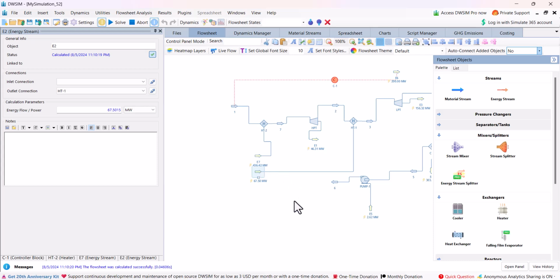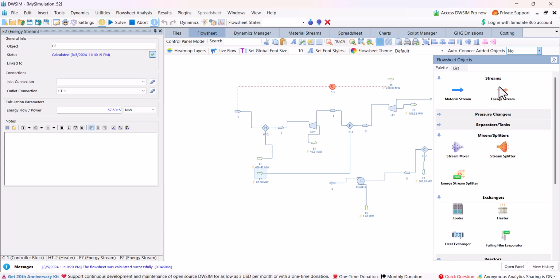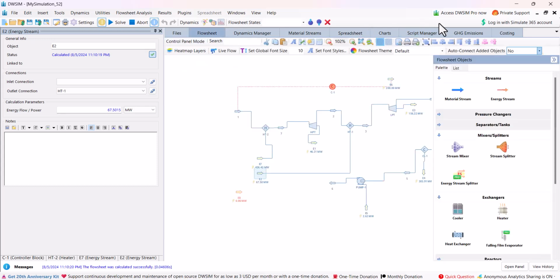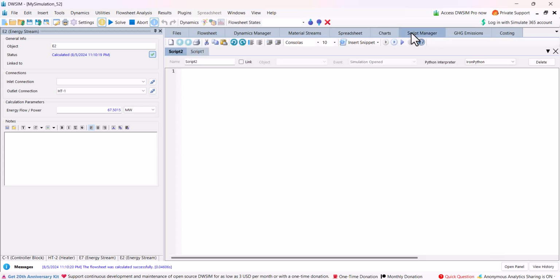But we also know the boiler is 90% efficient, so we will add another energy stream and add another script. Go to the script manager and we'll see, this is E8. E8 is E7 plus E2 divided by 0.9.